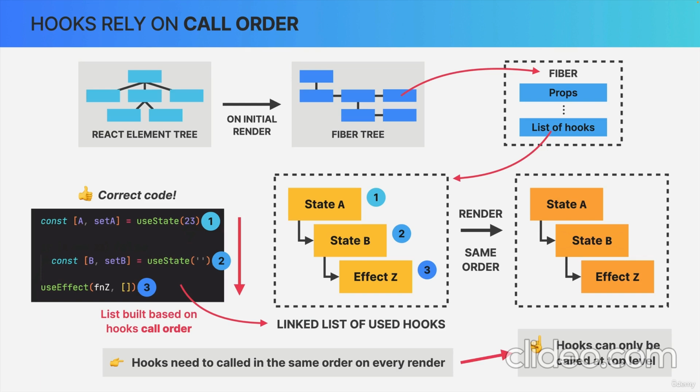Well, the big reason is that a linked list, which relies on the hook call order, is the simplest way to associate each hook with its value. So basically, the order in which the hook is called uniquely identifies the hook. For example, React knows that hook number 1 has a state of 23, and that hook number 2 has a state of empty string. So the value is associated with the call order.